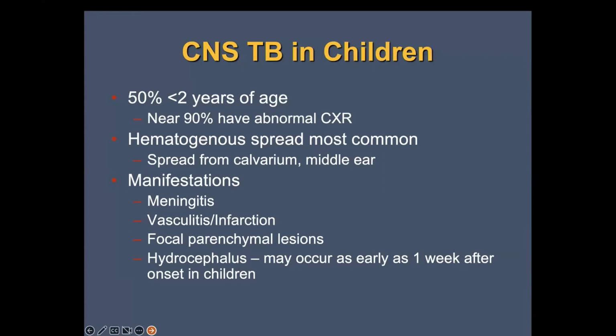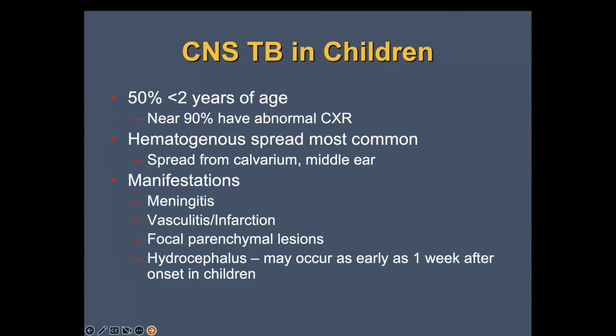Mostly the CNS TB occurs from hematogenous spread, although sometimes you can get direct extension to the brain or to the meninges from disease in the skull or in the middle ear. The most common manifestations are going to be meningitis, followed by focal parenchymal disease, and then can be complicated by vascular disease, which can then result in brain infarction.